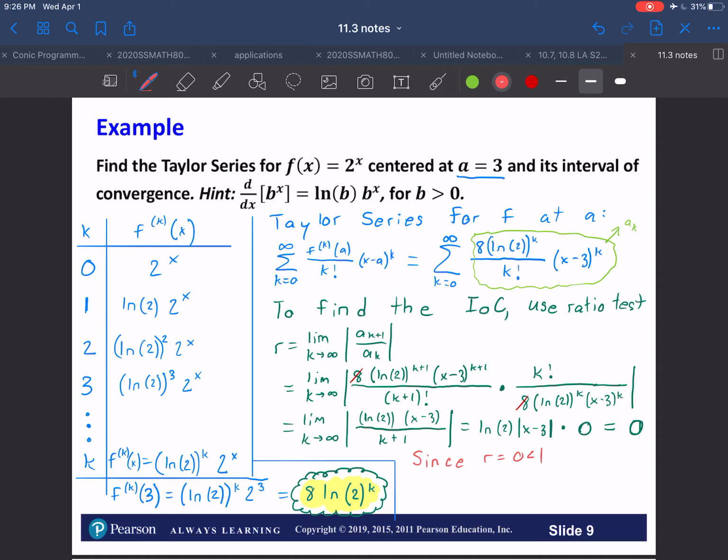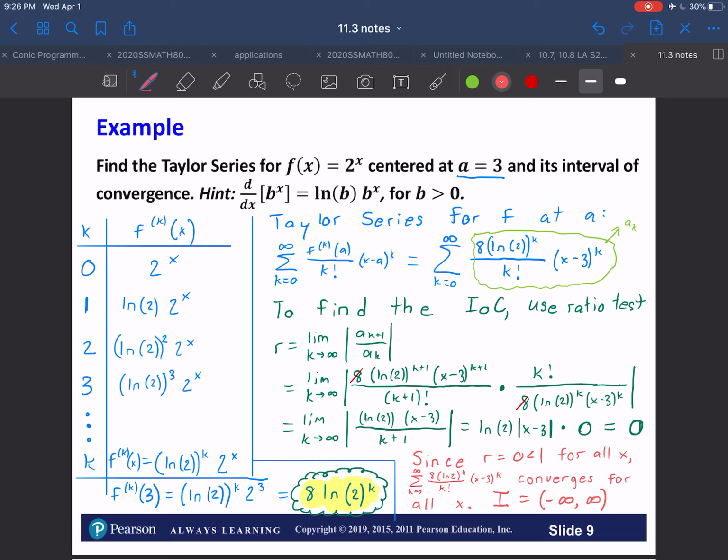So since r is equal to 0, which is less than 1, for all x, this series from k equals 0 to infinity of 8 times the natural log of 2 to the k power divided by k factorial times x minus 3 to the k converges for all x. And so the interval of convergence we can write is negative infinity to positive infinity.